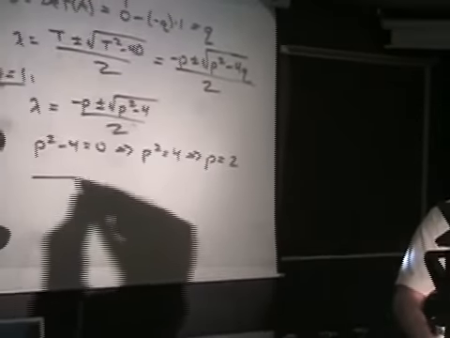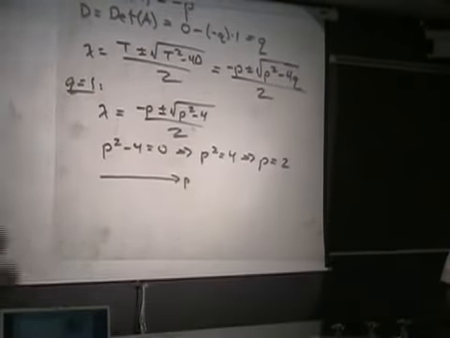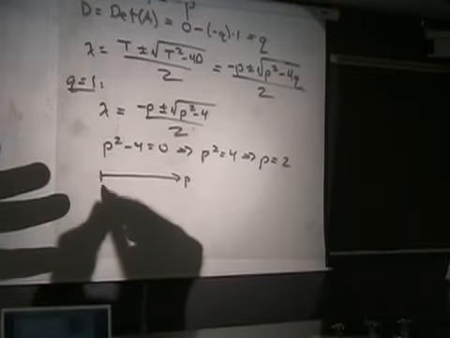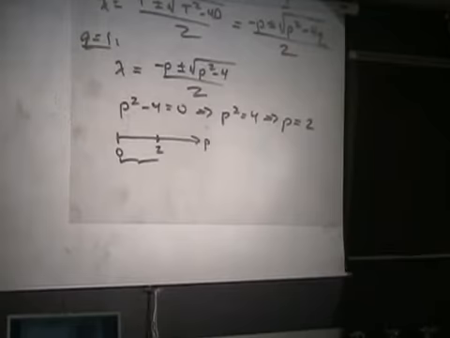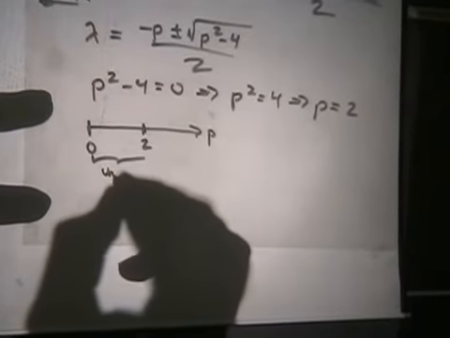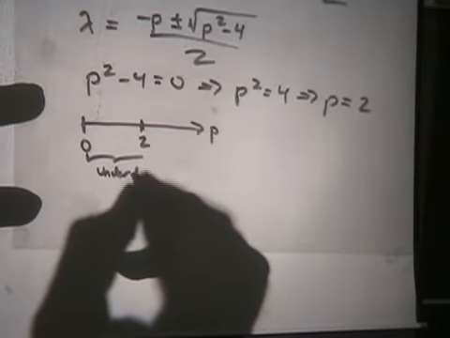So we can focus on one parameter is what I'm trying to say. And we can even draw a bifurcation diagram in a couple ways. One way we could do it is we could just focus on the parameter p, thinking of that as being on a number line. The bifurcation value is at 2. We could label it like this. In here, between 0 and 2, strictly between 0 and 2, not including the endpoints, we would have the underdamped case, underdamped.